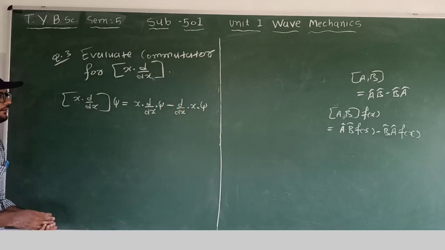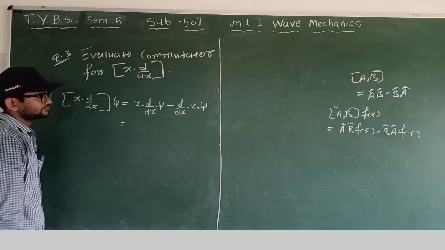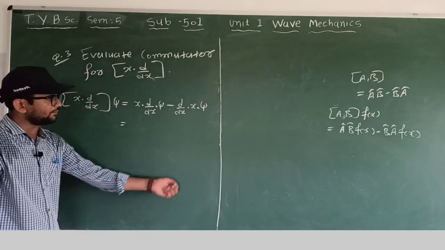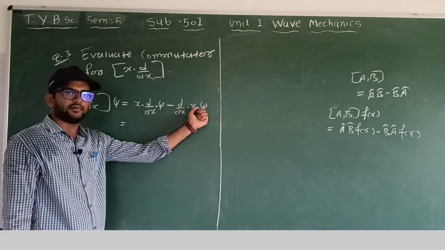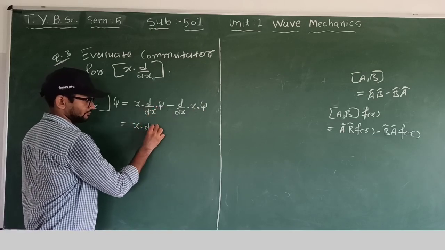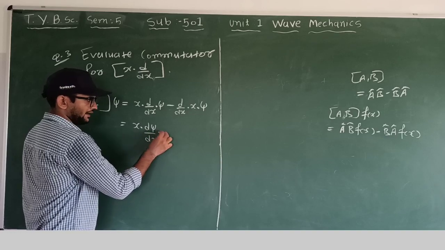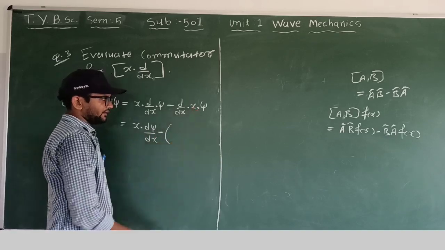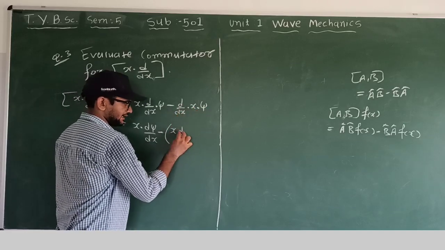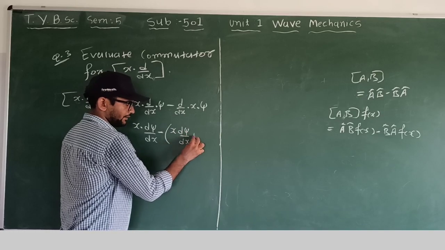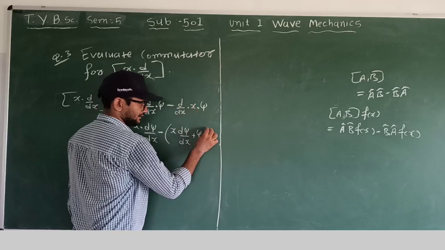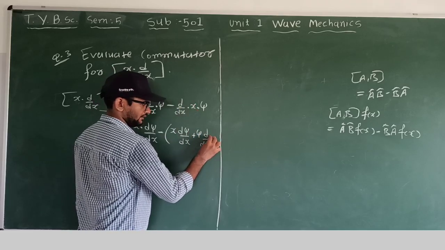Now it is equal to d by dx of x into psi, which means differentiation of two different terms in multiplication. It means x into d psi upon dx minus, first function remains as it is and differentiate the other function, that is d psi upon dx, plus second function remains as it is and differentiate the first function, that is d by dx of x.